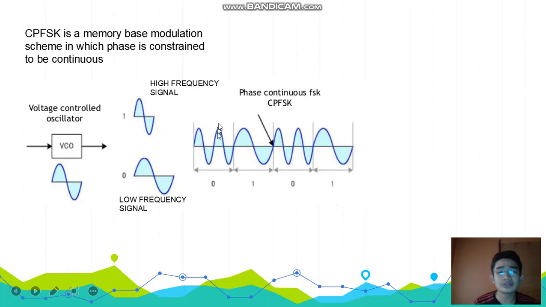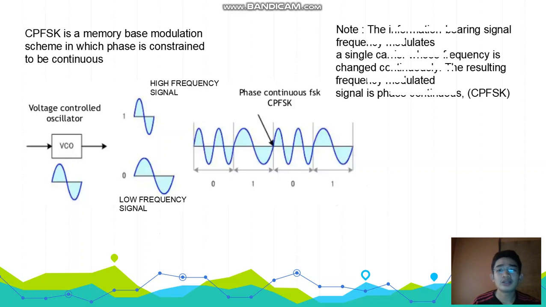It is a continuous waveform for 010101. It has no error created. It is continuous by itself. Note, the information-bearing signal frequency modulates a signal carrier whose frequency is changed continuously. The resulting frequency modulated signal is phase continuous.